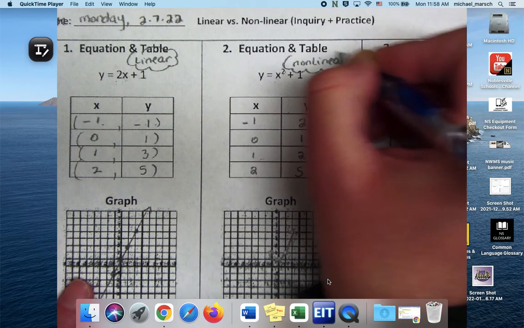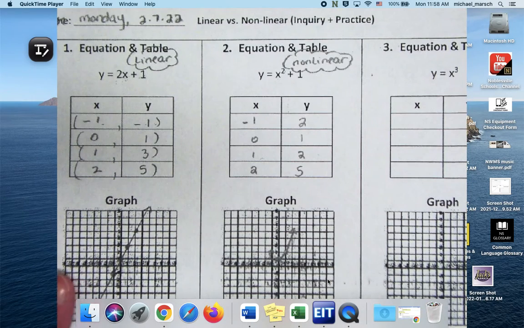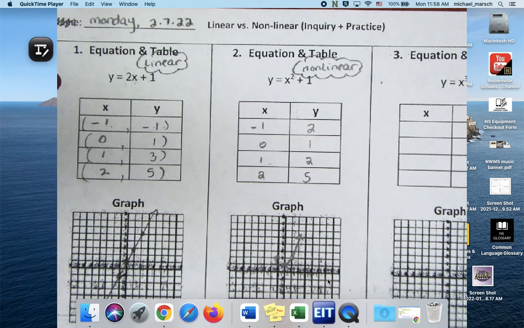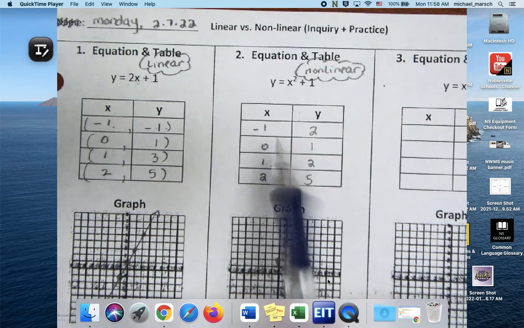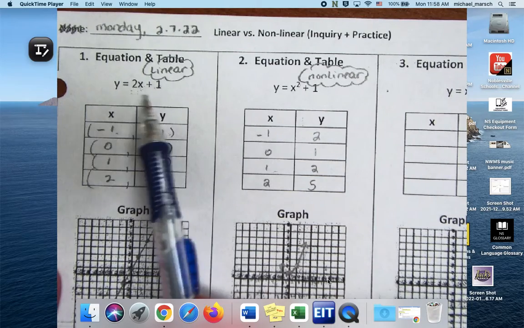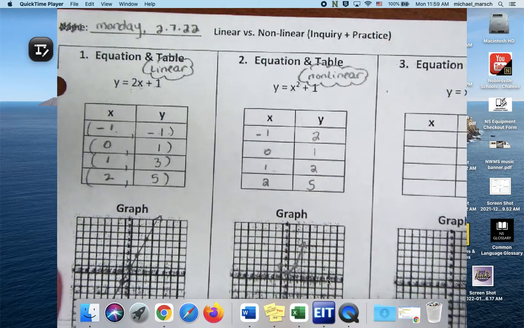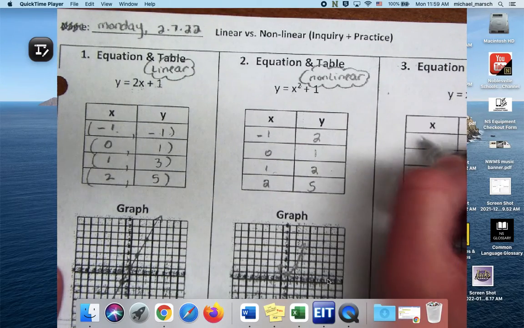Write that up there by the equation, because we're going to be keeping track of those. What does this equation have that this equation does not have? Exponent.